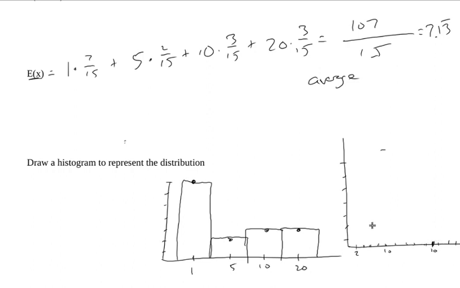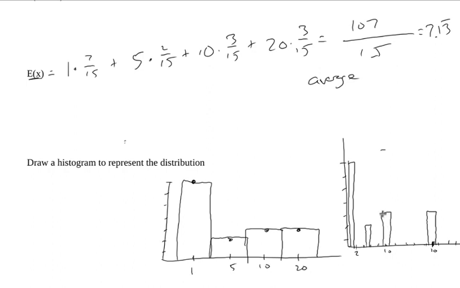If I was to actually make this so it was to scale and draw my histogram this way, I would have a $1 bill occurring 7 out of the 15 times, a $5 bill occurring 2 out of the 15 times, and a $10 bill occurring 3 out of the 15, and a $20 bill occurring 3 out of the 15.